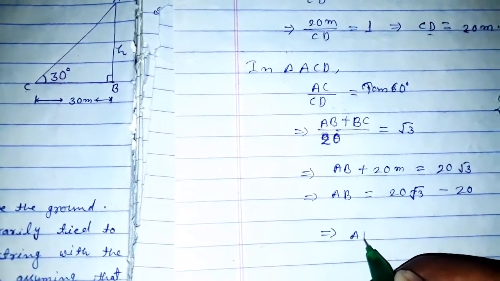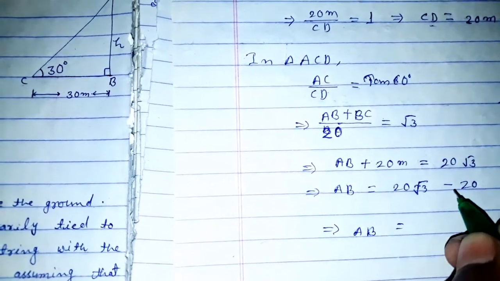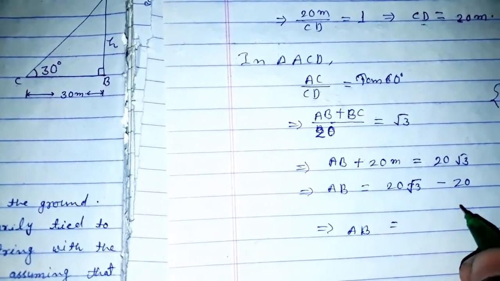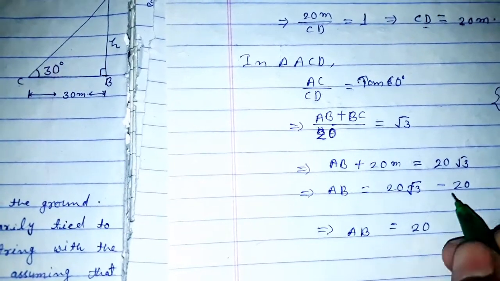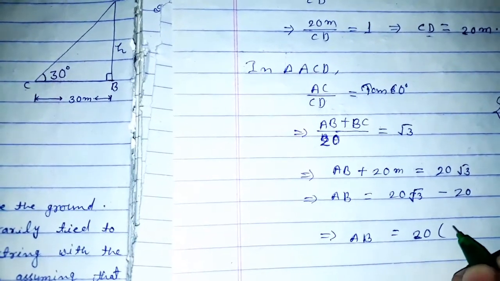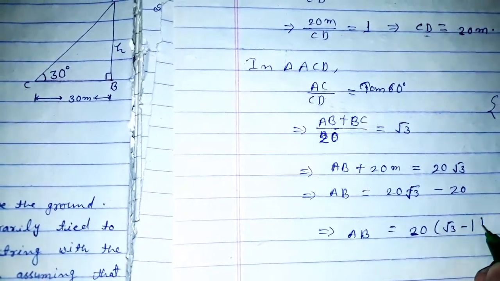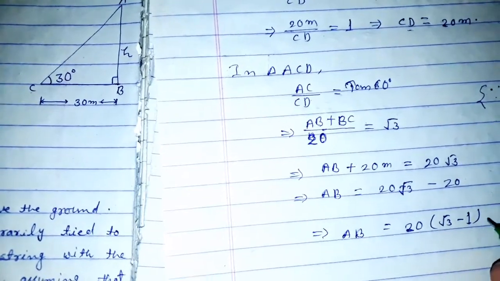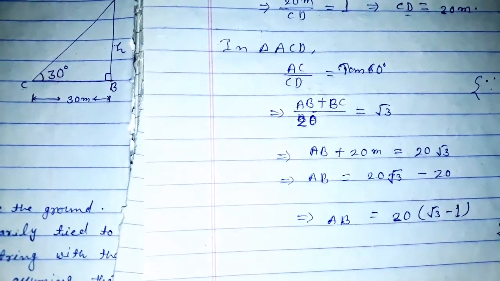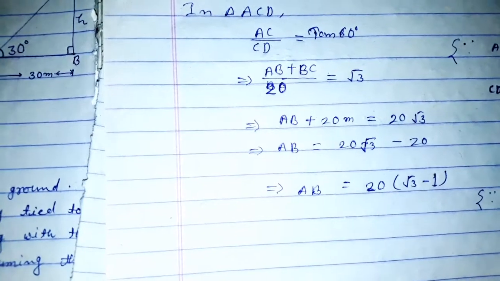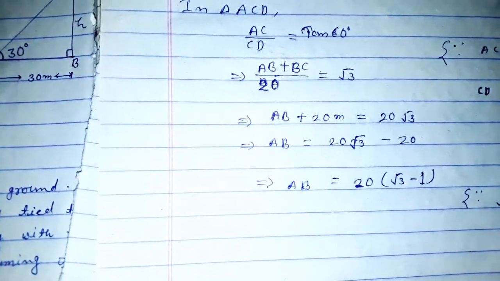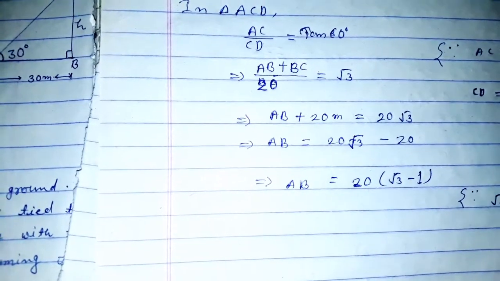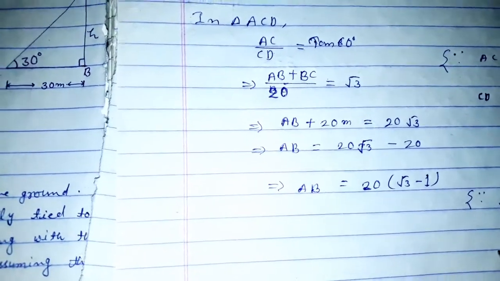That implies AB is equal to, take the common value 20, so 20 into root 3 minus 1. Again we put the value of root 3. Root 3 is 1.732.